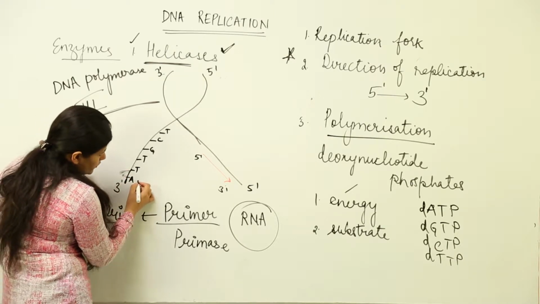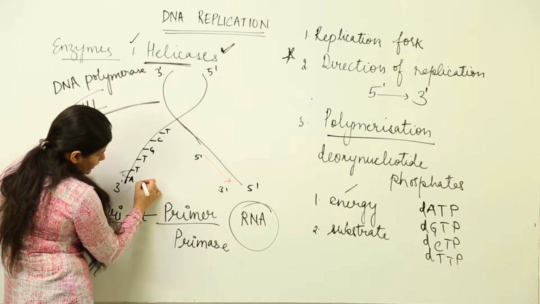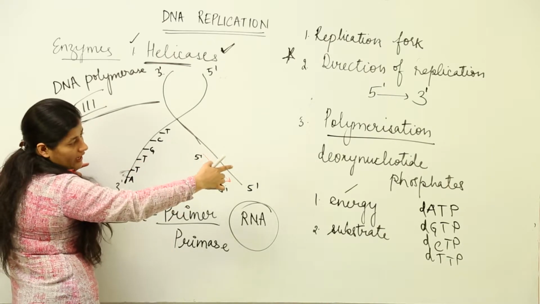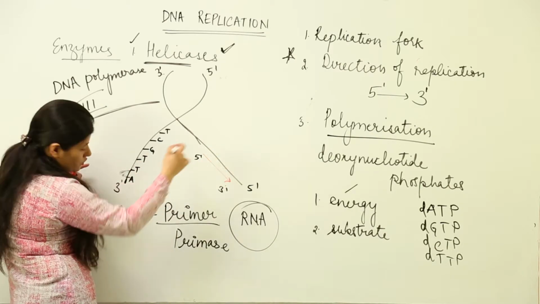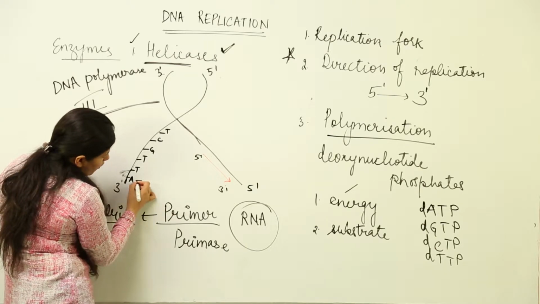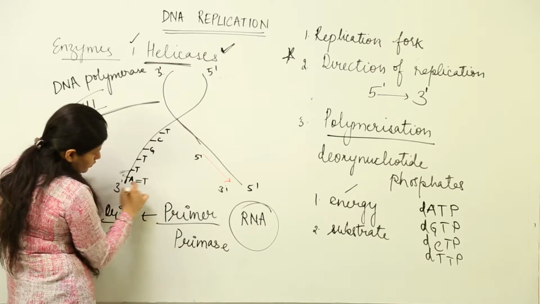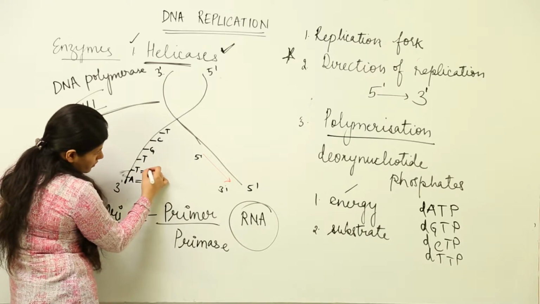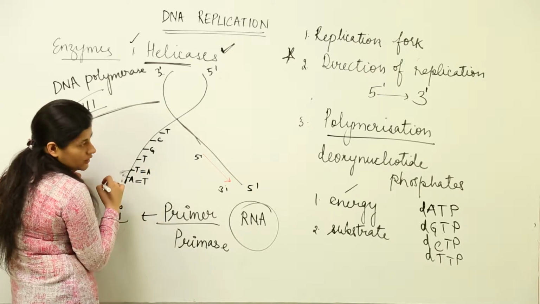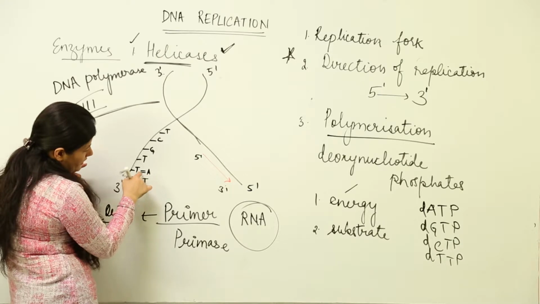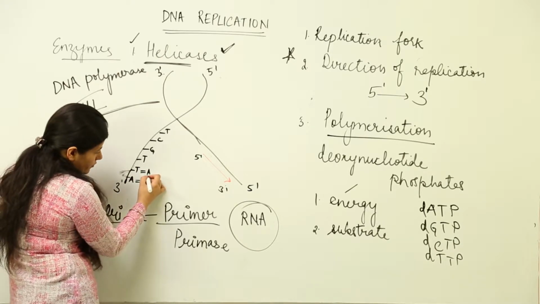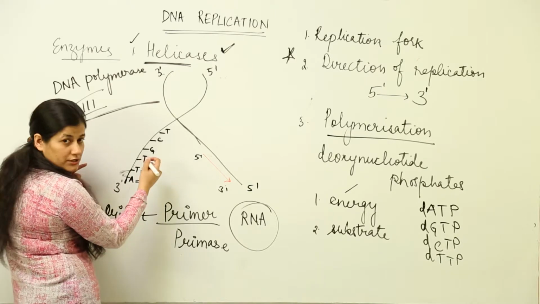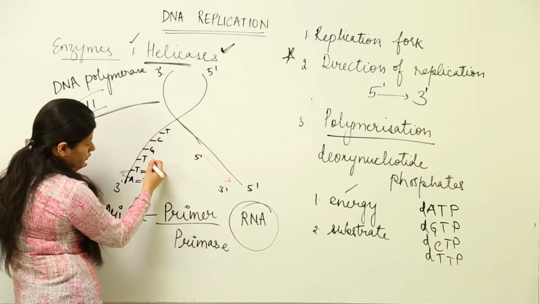DNA polymerase would bring a complementary base, it would bring deoxythymidine phosphate over here and form double bonds with A. Now the next would be adenosine phosphate, it would come and double bond with this, and there would be formation of a phosphodiester bond.